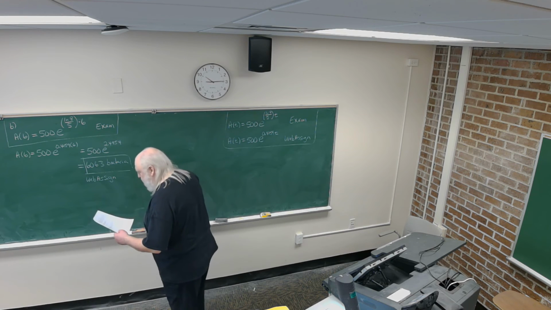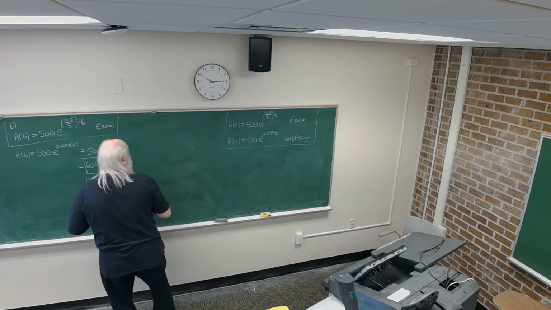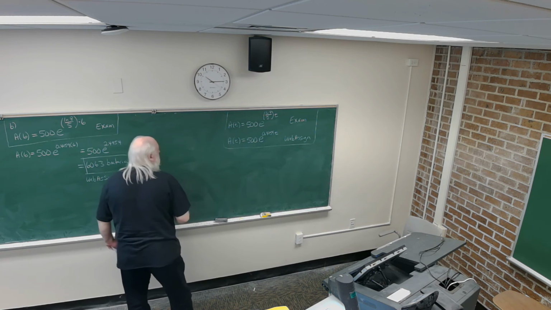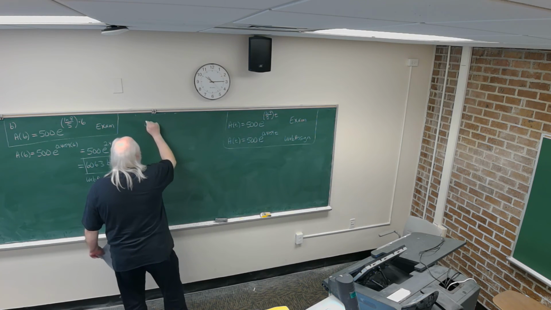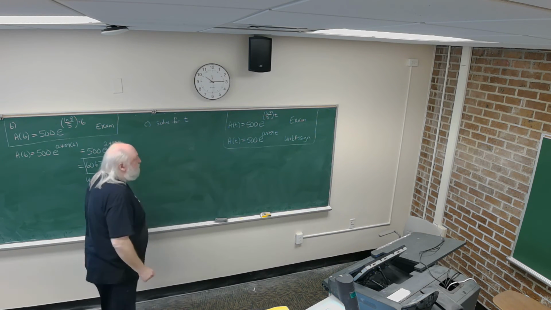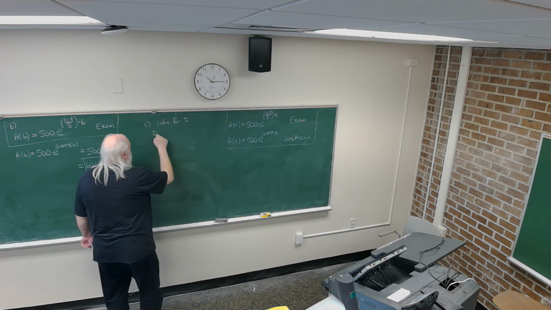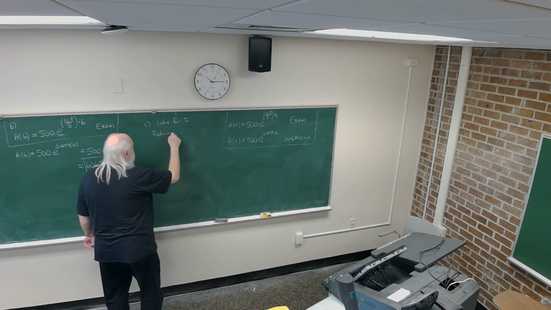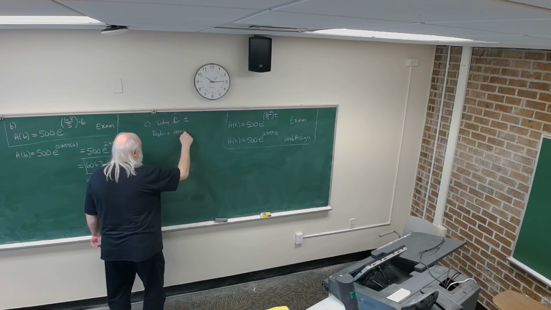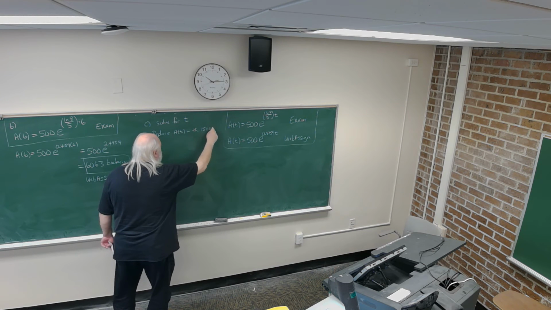C, it says, when will the population reach 15,000? Okay. So here's our models. In C, right, we gotta solve for T, little t. When will the population reach 15,000, right? So you replace A of T with 15,000.